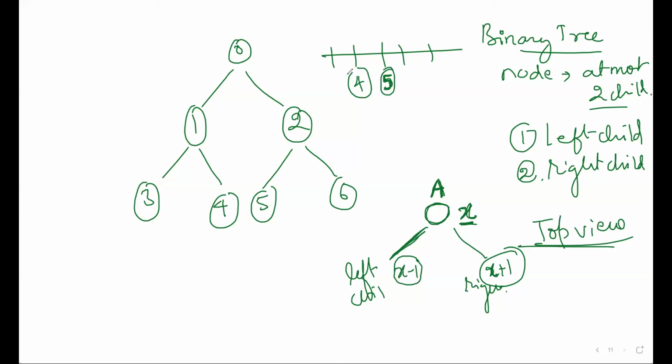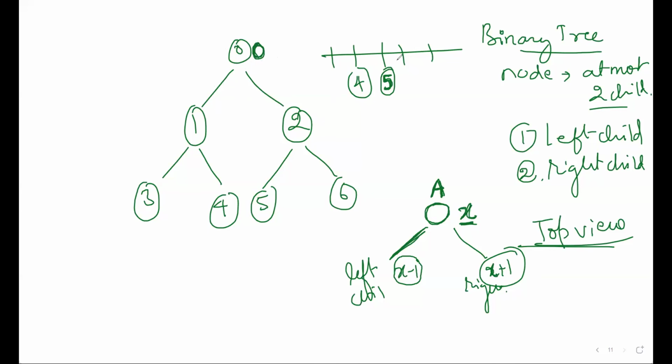So based on that, now how we find the horizontal distance for every node? We start from the root node and root node is assigned with value 0. We say that root node is present at origin. Now we can find corresponding horizontal distance for 1 and 2. 1 is left child.